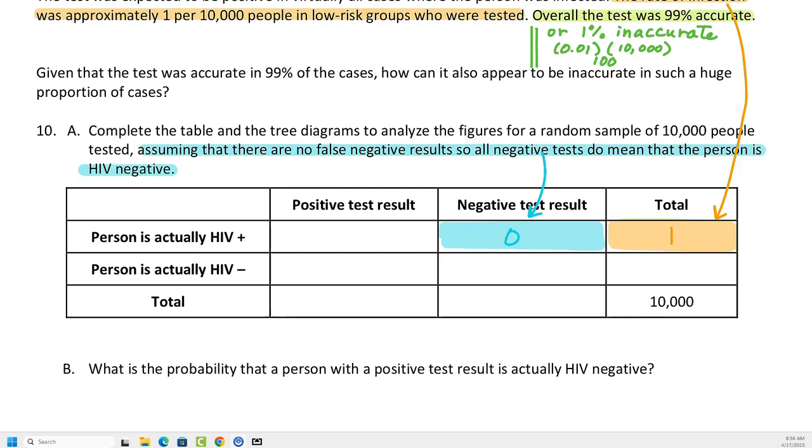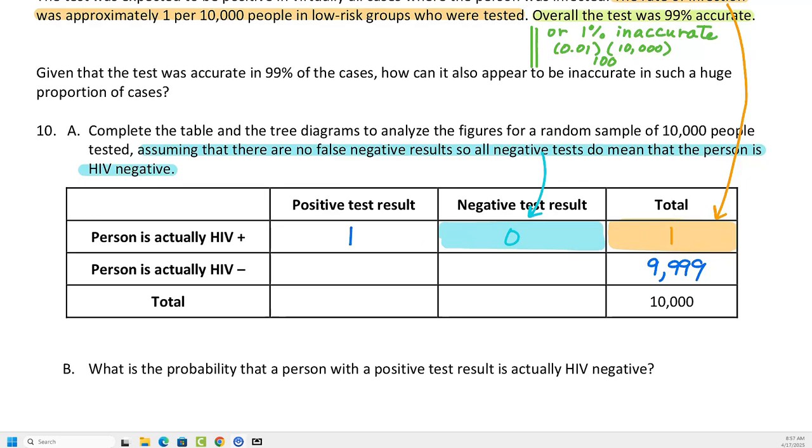So we can fill in this cell right here because we know that this is going to be 9,999, because these have to add to be 10,000. And we know this one has to be 1 because these two cells have to add to be that one.